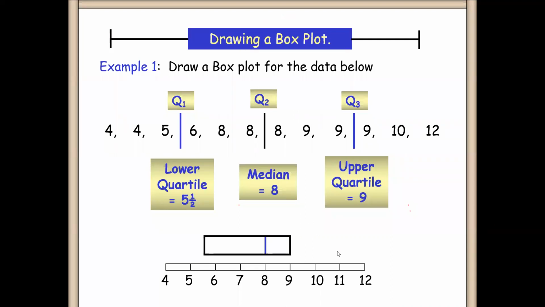Okay, now I'm ready to draw my whiskers. My first whisker is going out to 4, that's our minimum. And our second whisker is going out to 12. It's not necessary to label it, but if you want to, it's not a problem. Now you'll see that the left side of the box is bigger than the right side of the box.